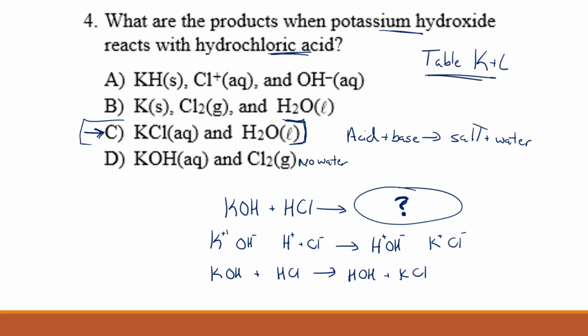There's no water here, so it can't be D. There's no water here, so it can't be A. There is water in C and B, so that narrows it down already to a 50-50. And then we have to check, well, these are not salts, right? Salts are ionic compounds. These are just elements. So it's not this one, no salt.